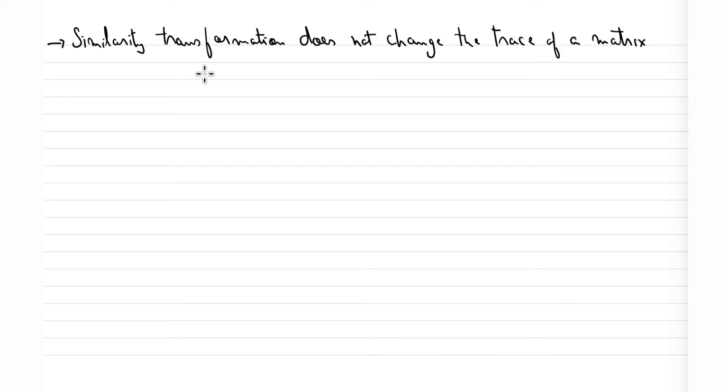So that means what we want to prove is that if A prime is equal to Q inverse A Q, then, I'm just writing the same statement mathematically, trace of A should be equal to trace of A prime.